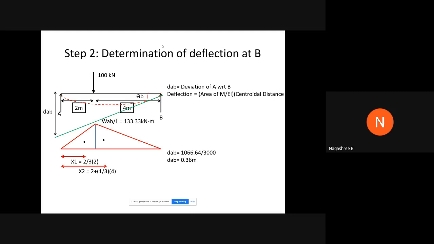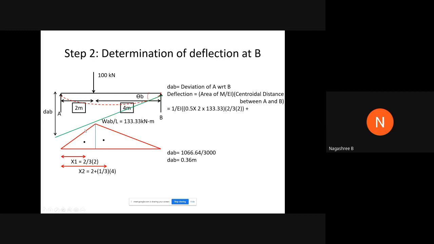So it is the area of the M by EI diagram between A and B, for the overall beam, multiplied by the centroidal distance between A and B.